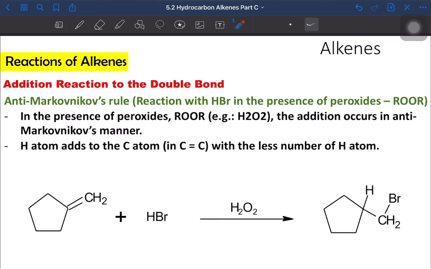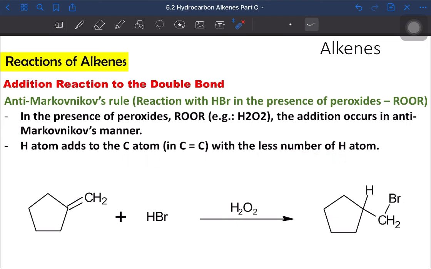So they follow the anti-Markovnikov manner, which means that between H and Br, we know that hydrogen is the more electropositive component. If it follows Markovnikov, it will bond to the carbon that has more hydrogen. But in this case, since HBr is added in the presence of peroxide, the hydrogen atom will be added to the carbon atom with the fewer hydrogen atoms.